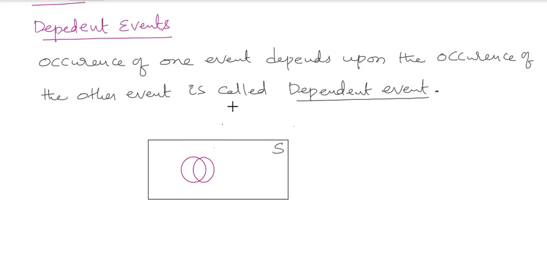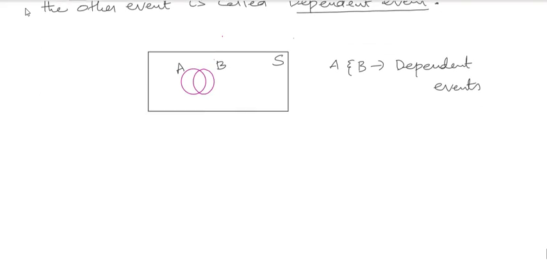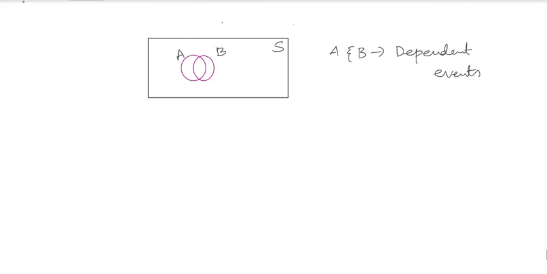Let me take this as event A, and this as event B. If you observe here, the occurrence of A depends upon the occurrence of B. Hence I can call A and B dependent events. Occurrence of A depends upon the occurrence of B, so I call that dependent events. Then similarly, independent events.